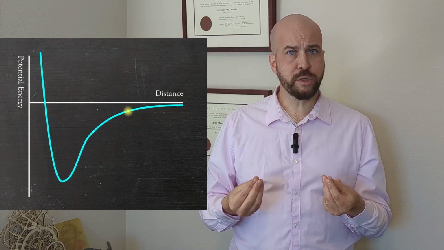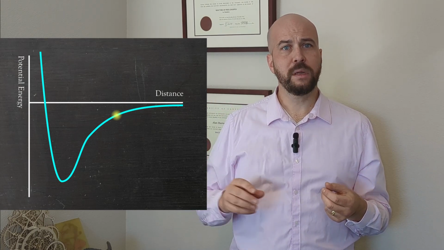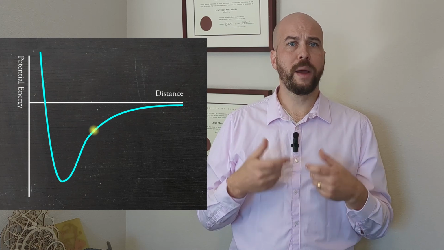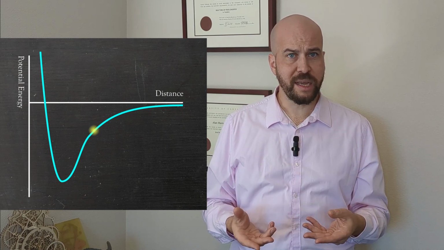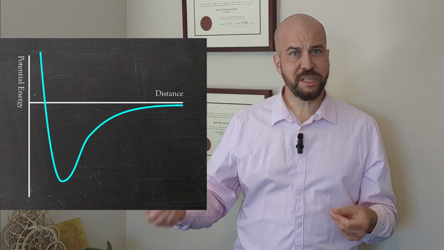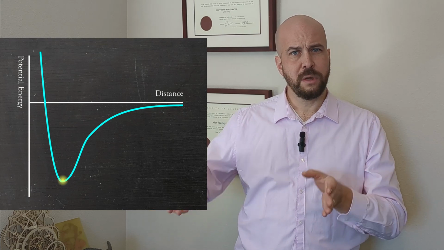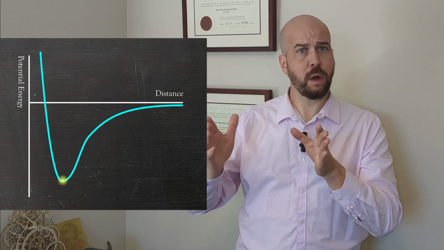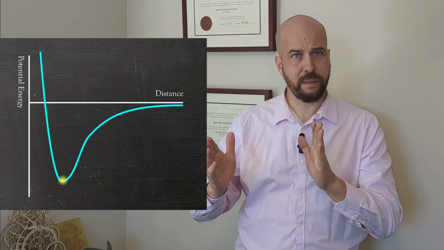And as they do so, we descend down into a potential energy well. We go to a more stable state. And there is a certain distance at which the energy is at a minimum. And this is what will be our average bond length.